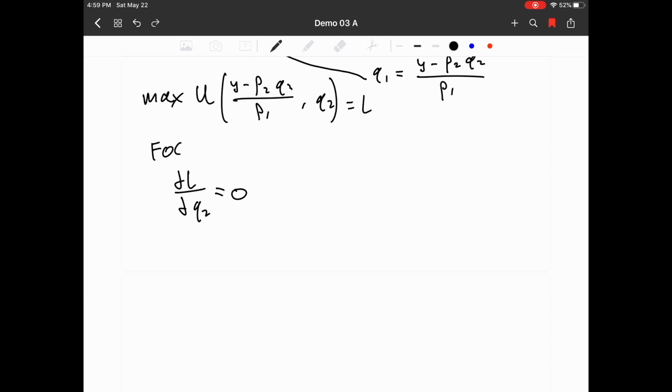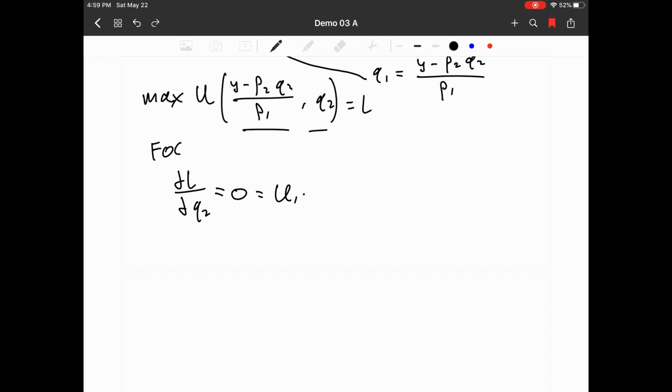So just to write this out, using the chain rule, we have the derivative of the outside. So we have two arguments still. So we have to take the derivative of u with respect to the first argument. So this is u1 times the derivative of the first argument with respect to q2.